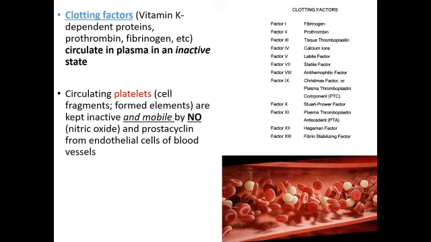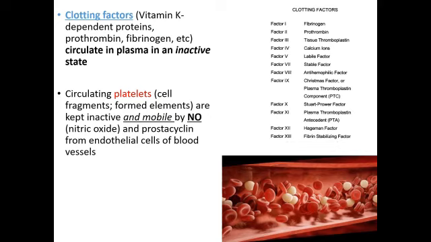These clotting factors have several different names. First of all, we have a series of factors, all named with Roman numerals, that are dependent upon vitamin K in order to actually be formed, and more about that later. But essentially, prothrombin, fibrinogen, and all of these factors are circulating throughout the blood in an inactive state. That is, they are not going to lead to the formation of a blood clot.